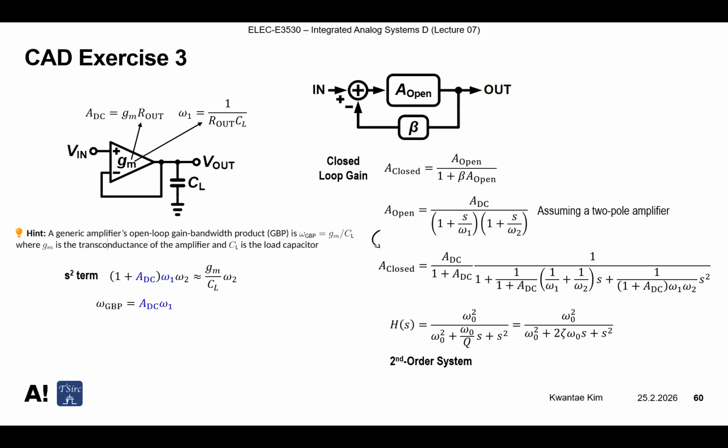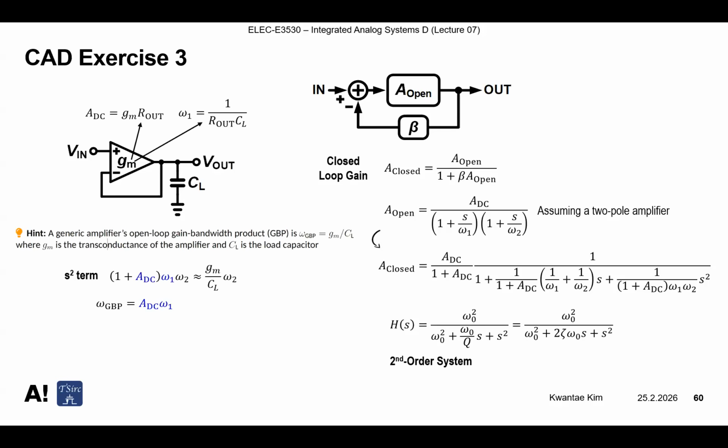So let's suppose that it has an amplifier with DC gain ADC equal to gm times R out. Its 3 dB cutoff frequency is 1 over R out CL, as we did in today's lecture quiz. And there was a hint: a generic amplifier open loop gain bandwidth product is gm over CL.